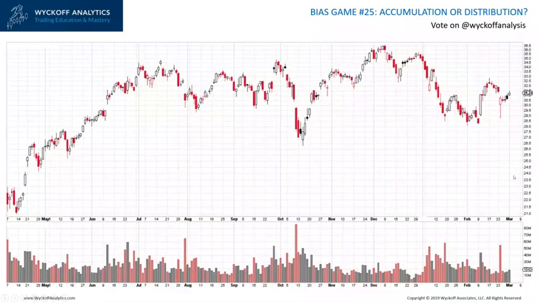I'm going to let you look at this for maybe 15, 20 seconds and then write down what you guys think this is. Is this a reaccumulation or is this a distribution?